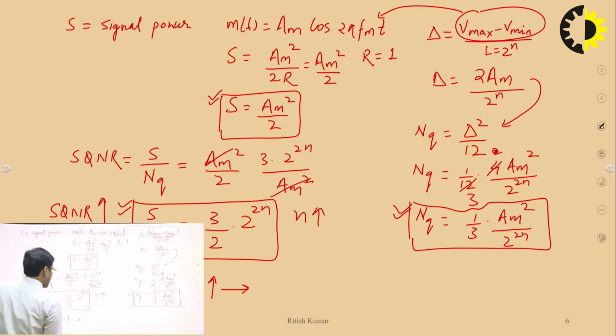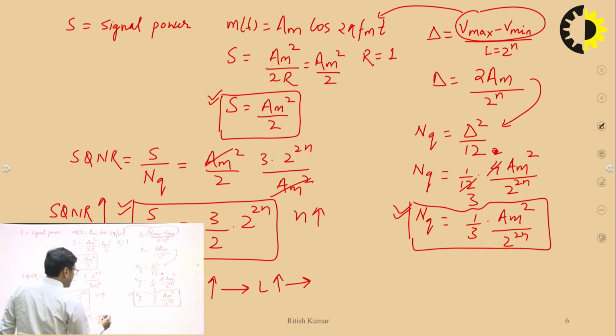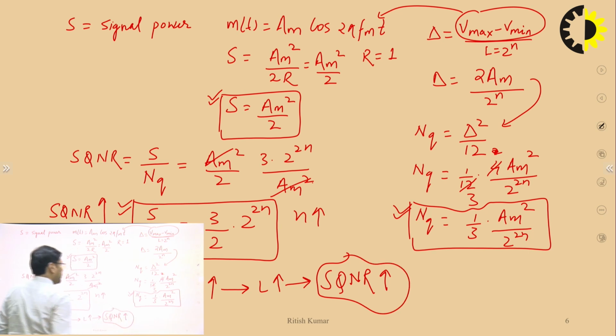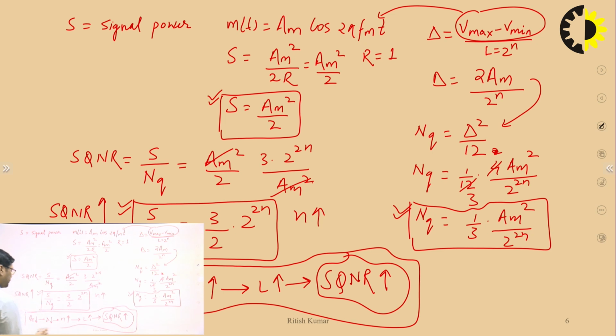If you increase the number of bits, the number of levels will increase, and you will get high SQNR. So that's our aim, to improve the SQNR. So this is the important conclusion, right?